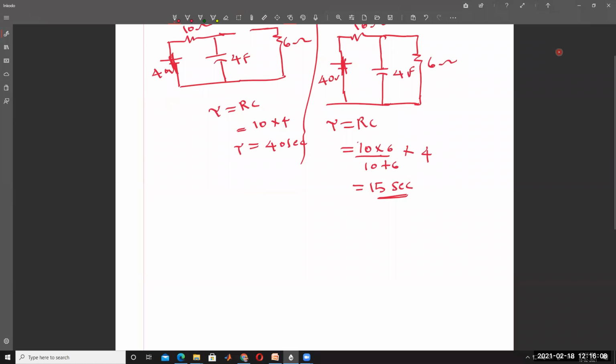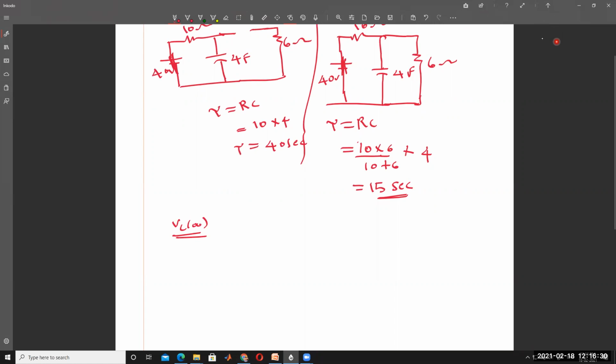Then finally, Vc of infinity. Vc of infinity means the circuit under steady state condition, where the capacitor acts as an open circuit. So the voltage across the capacitor is nothing but the voltage across the 6 ohm resistor.